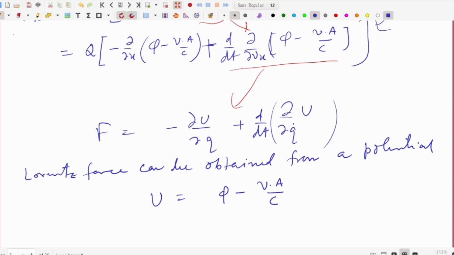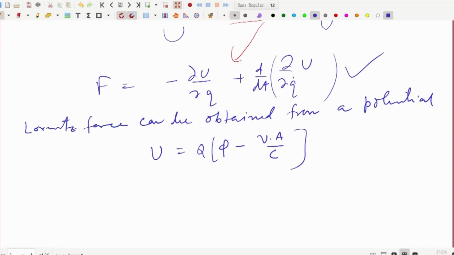You can multiply it by q, so q times this will be our potential, and we denote it as U. So the Lorentz force that a charged particle feels in the electromagnetic field can be obtained from a potential exactly in this form, and in this form we have seen that D'Alembert's equation matches with the Euler-Lagrange equation.